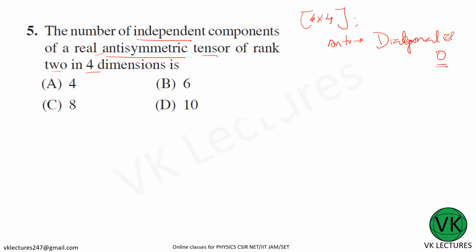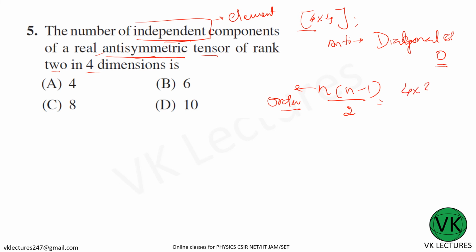The question is about independent elements. For anti-symmetric, the number of independent elements is n into n minus 1 divided by 2, where n is the order of the matrix. The order here is 4, so 4 into 3 divided by 2, that is 6.